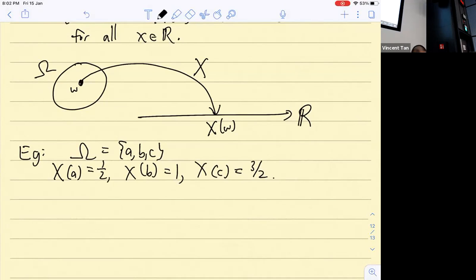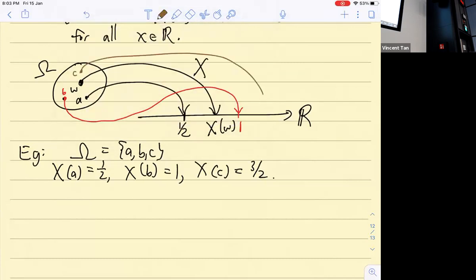Say this is A, so our random variable brings us to the number 1/2. And this is B, it brings us to the number 1. And C, this is an ugly color, it brings us to 3/2. And generally, omega to X(omega).